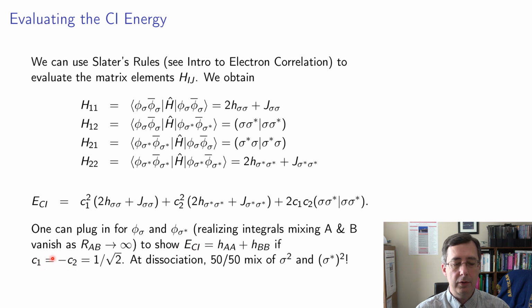And because these coefficients are equal to each other, I essentially get a 50-50 mix of the sigma squared configuration and the sigma star squared configuration, which is really good. The weight of a determinant in the CI expansion is basically the square of the coefficient. So if I square this coefficient, if it's plus or minus, it doesn't matter, the minus sign will cancel, I get 1 over 2. So it's half of the first one and half of the second one, which makes sense if they have exactly the same energy and they're exactly as good as each other.